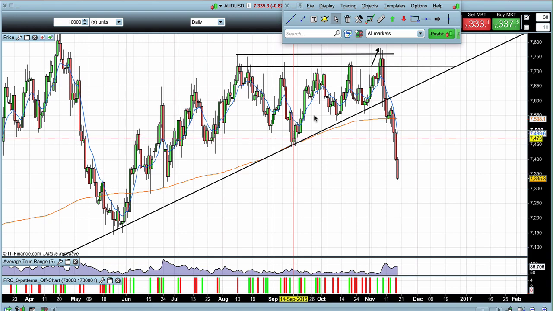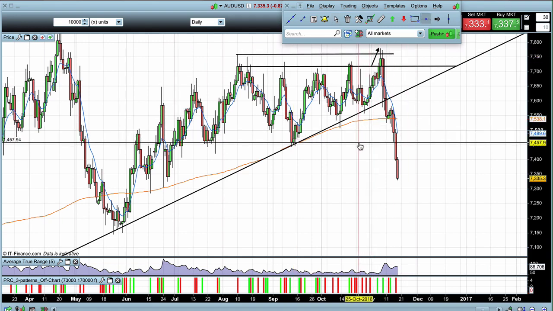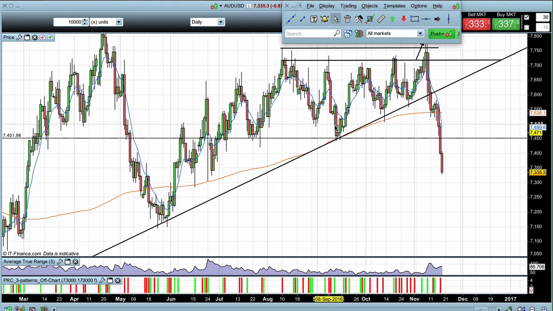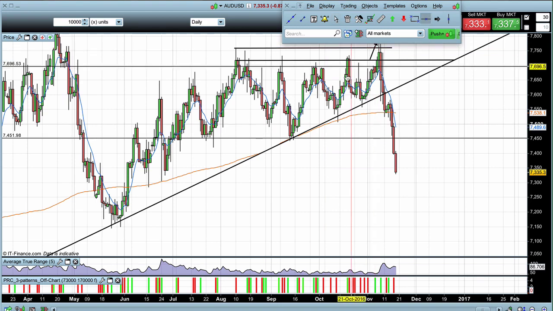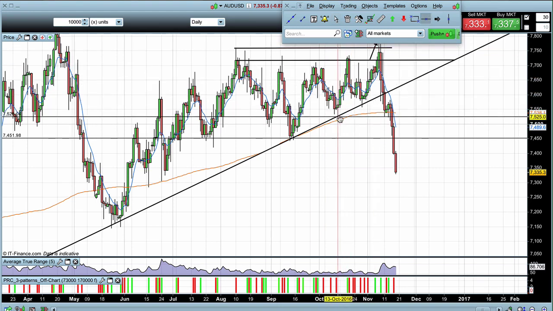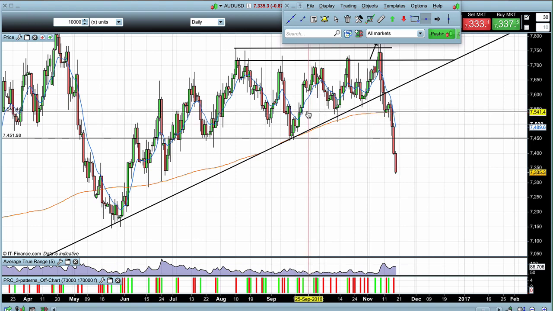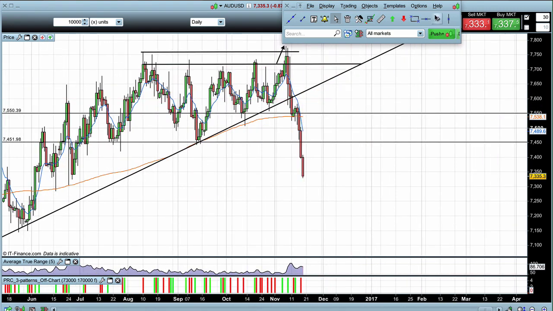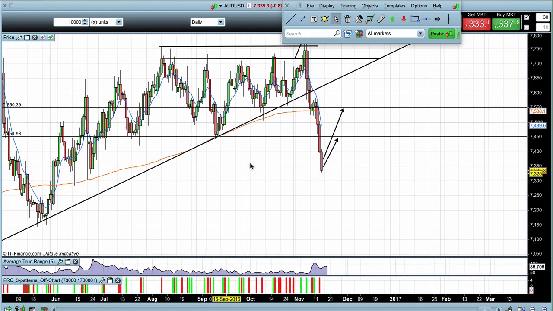Okay, so we've got one right here at the sort of 7,450 level. Do we have any further ones? We certainly do. If we head further up, let's have a look for a nice strong one. We have one right here, 7,550. So going into next week, I'll be looking for pullbacks into these levels for that continuation move.